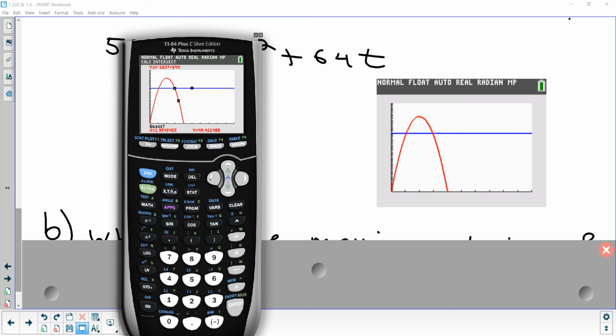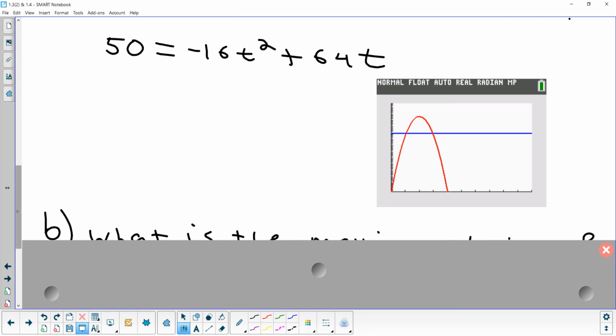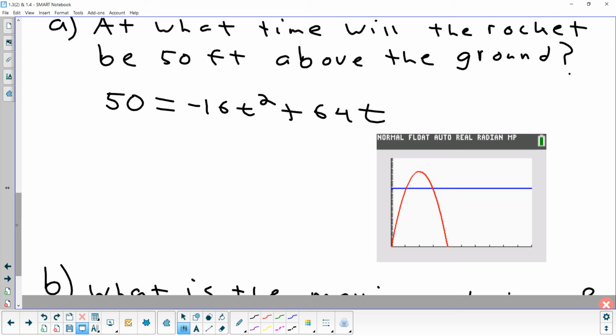It is, because there's two. So whichever one I'm closer to, it's going to tell me that one first. So the first one it says is 2.94. That's on the way back down. So T is about 2.94. Let's call that T2 because it's the second time.